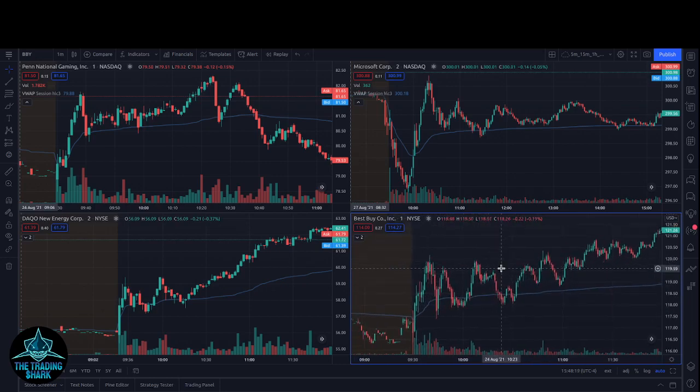I think VWAP is very interesting in the case of big cap stocks, because big institutions, hedge funds, banks, big prop firms see it as a benchmark price to gauge whether the stock is overpaid or underpaid, and so they use it to make order entries.